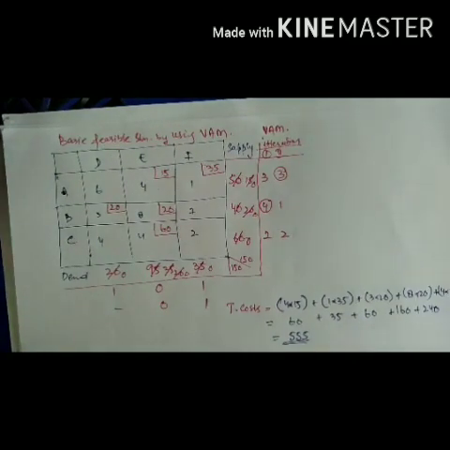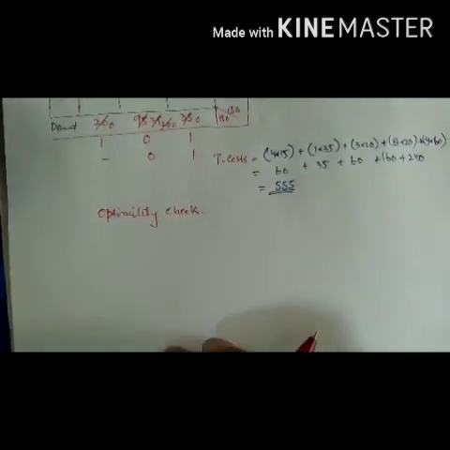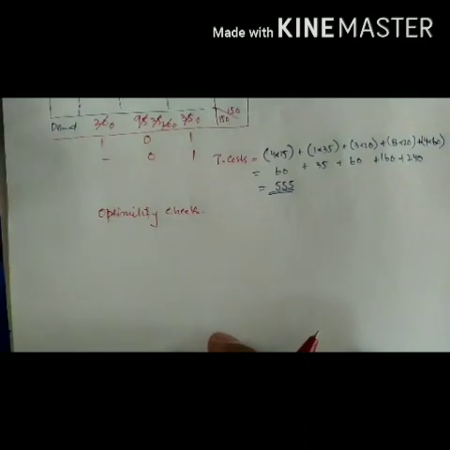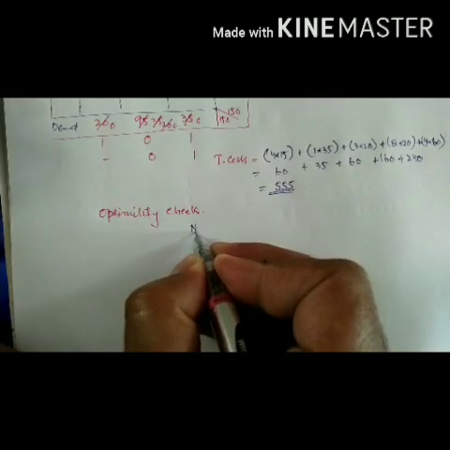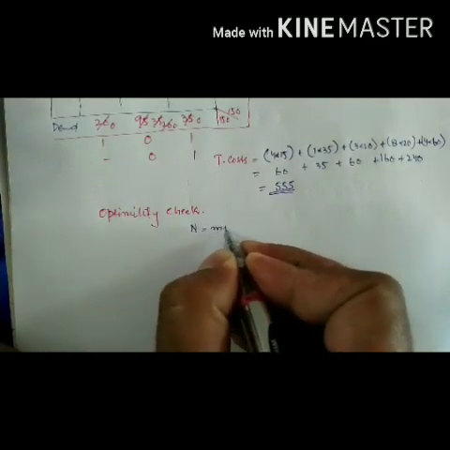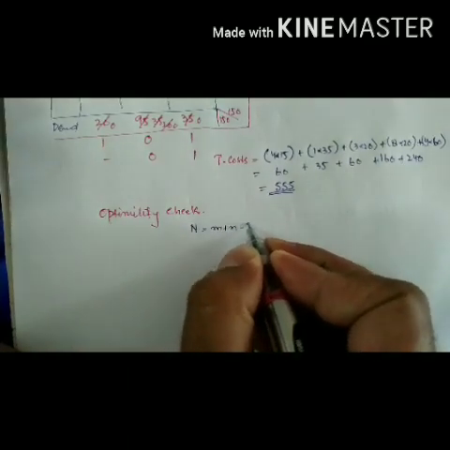Before proceeding to the optimality check, first of all we have to check whether the solution is degenerate or not. We know how to check the degeneracy of the solution. We know the number of occupied cells should be equal to m plus n minus 1.